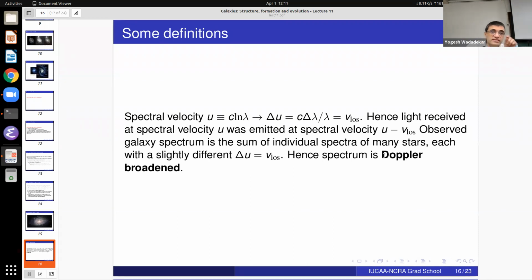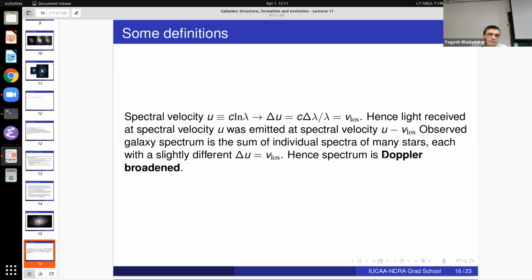The observed galaxy spectrum is the sum of individual spectra of many stars, each with a slightly different V_LOS. Right? The millions of stars in our galaxy, you measure them, you will get a different line of sight velocity. Line of sight, by the way, implies that it's the radial component of the overall velocity of the star. c is the speed of light.